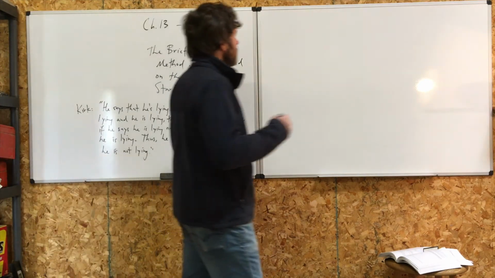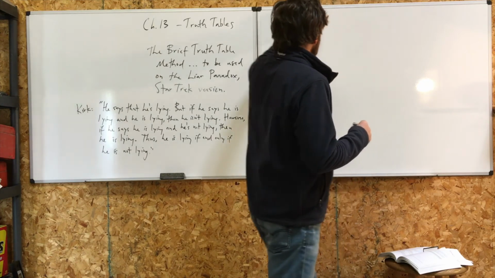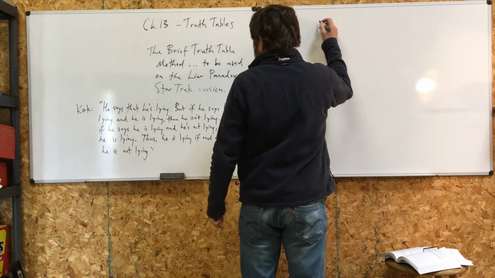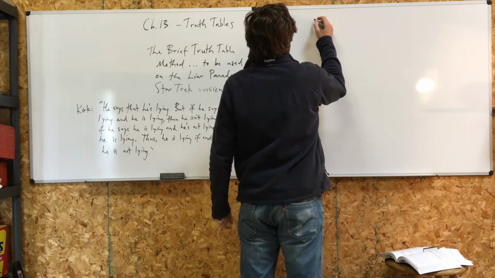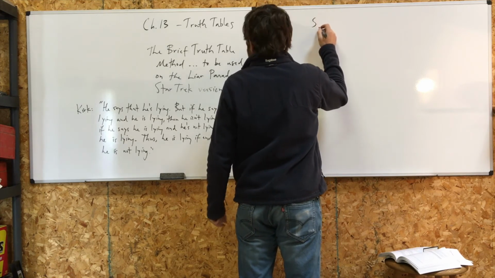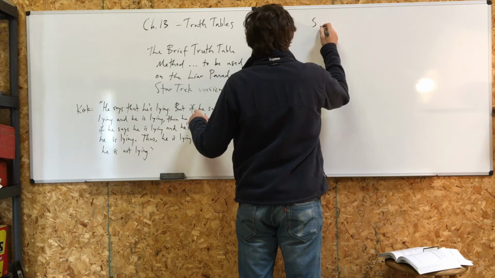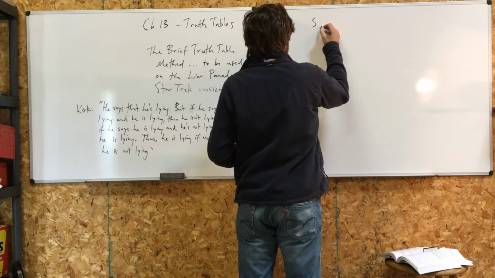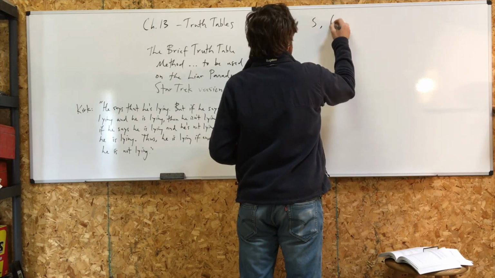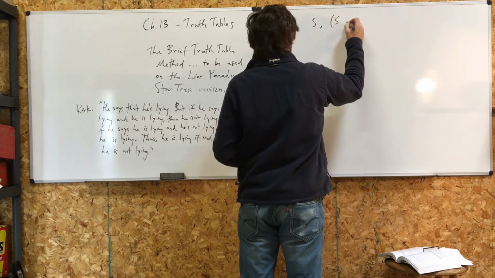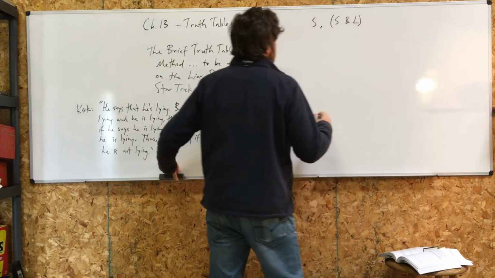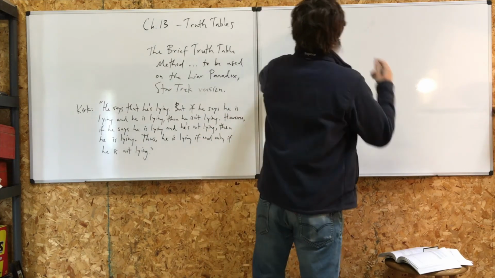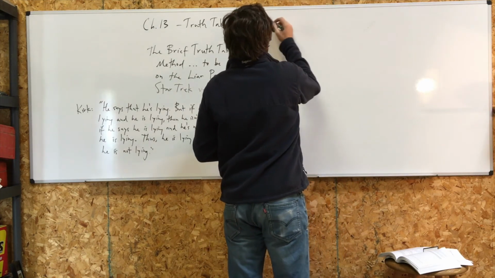All right, let's write it down in sequent form here. What do we have here? We have, he says that he's lying. Let's call that S. So that's the first premise. But if he says that he is lying, and he is lying, I want to make sure I have room here. Let's put it over here.